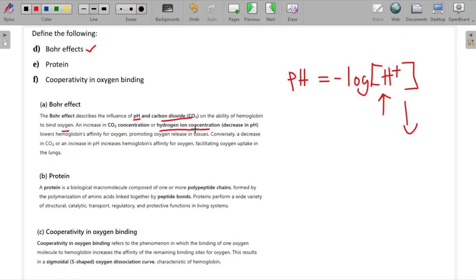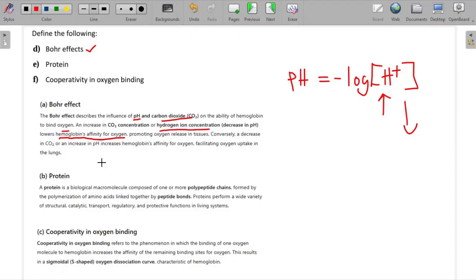So an increase in carbon dioxide concentration or hydrogen ion concentration, which means a decrease in pH, lowers the hemoglobin's affinity for oxygen.